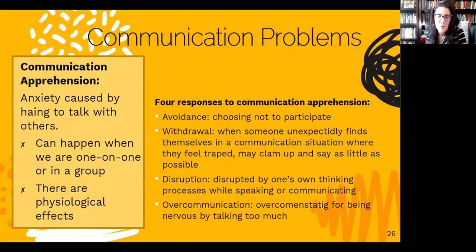Withdrawal would be when someone unexpectedly finds themselves in a communication situation where they feel trapped. So they might clam up or say as little as possible. The anxiety would be kind of taking over us in the moment. One of the things that we could do when we feel that is some breathing.